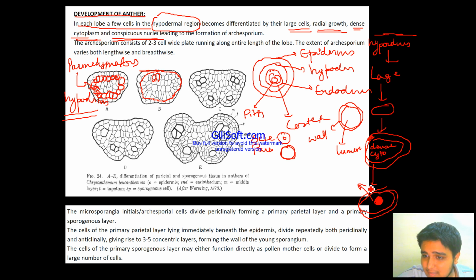These are the cells which are known as archisporial cells. Guys, very important term. This is also known as microsporangia initials.